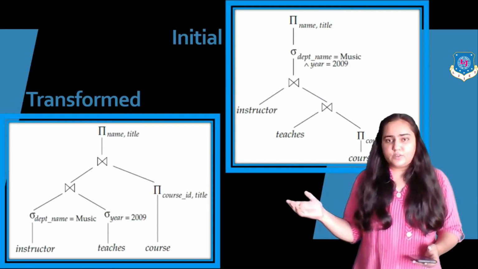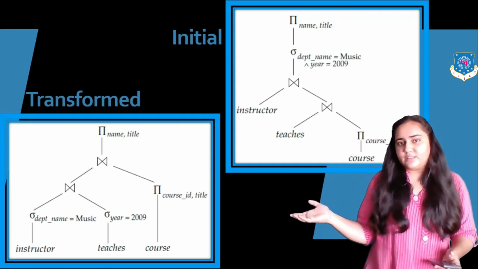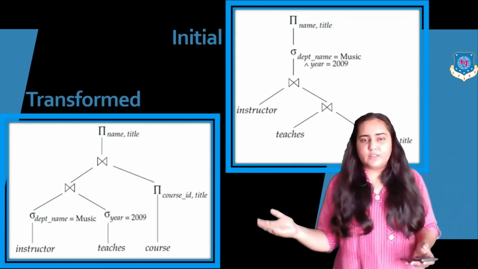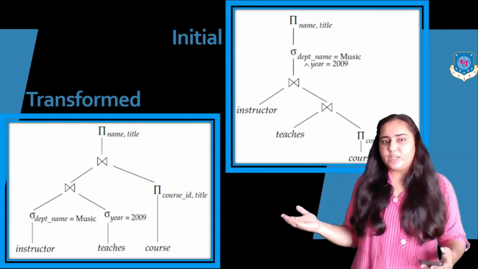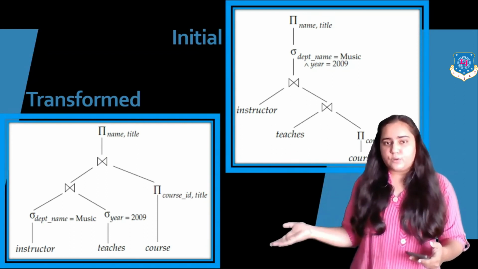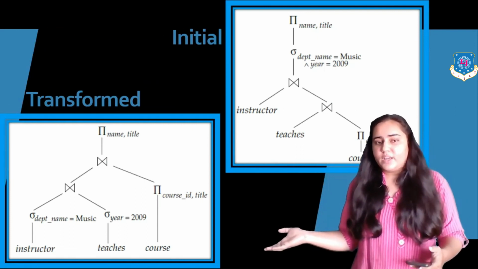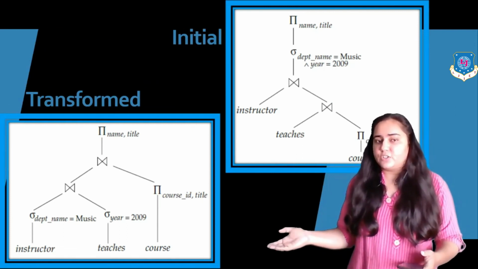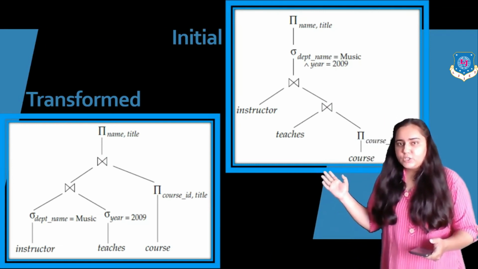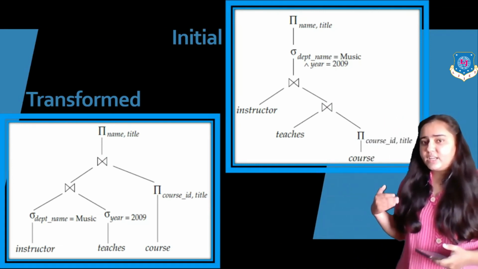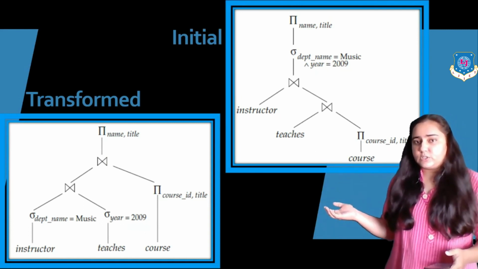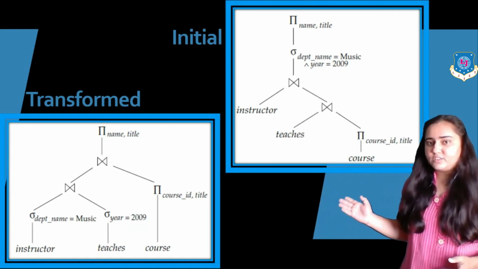And if you see in the transformed tree, this is easier because while I'm performing the sigma operations on instructor and teachers, I can at the same time run the pi operation on course, because I don't have to wait for instructor and teachers to finish the sigma in order to perform pi on course. But if you see the initial tree, the first thing that I can do is perform pi on course.